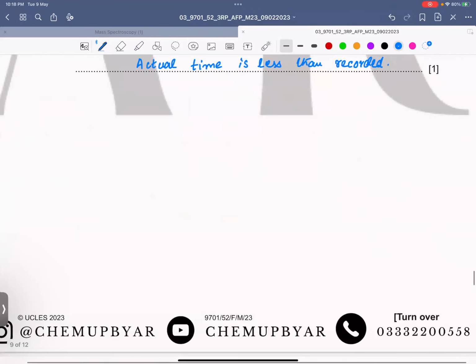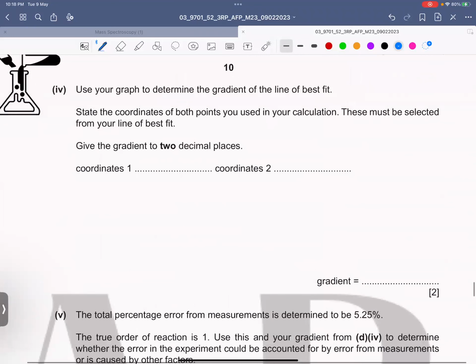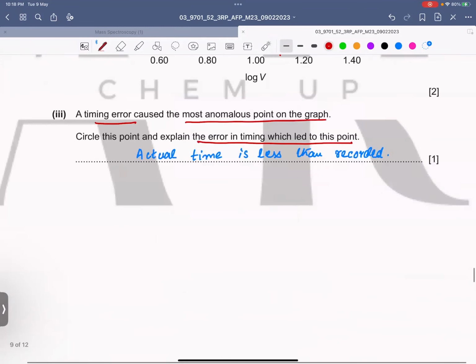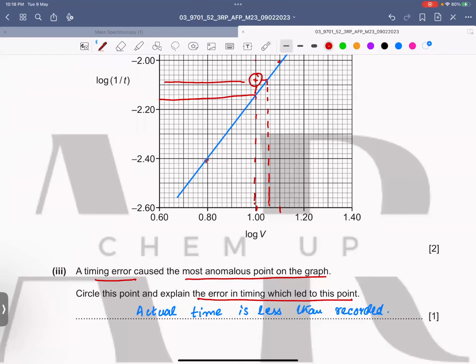Okay. Now, fourth part. Use your graph to determine the gradient of the line of best fit. State coordinates of both points you used in your calculation. These must be selected from your line of best fit. Okay.